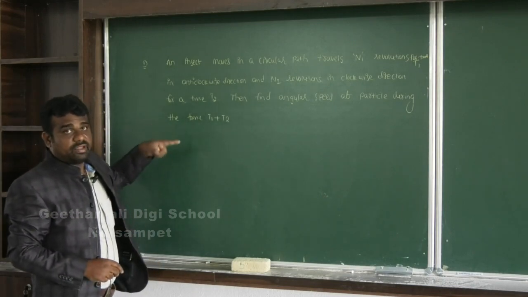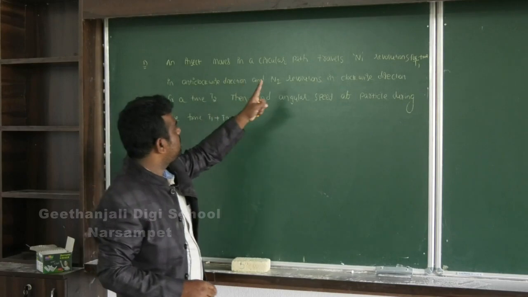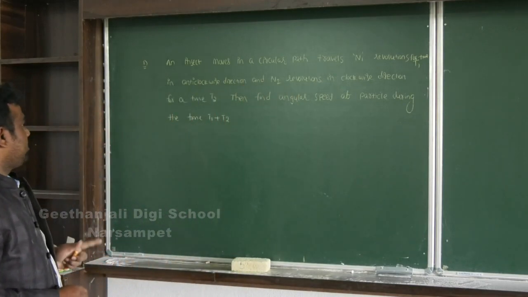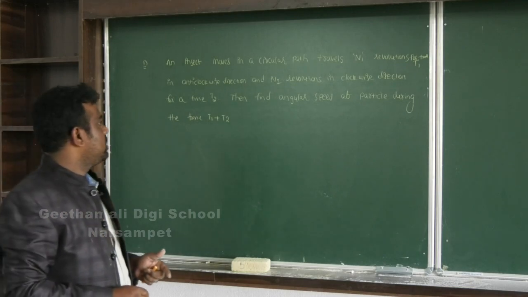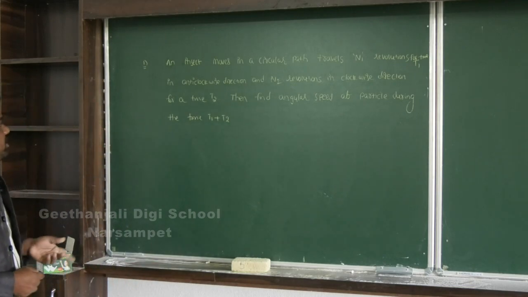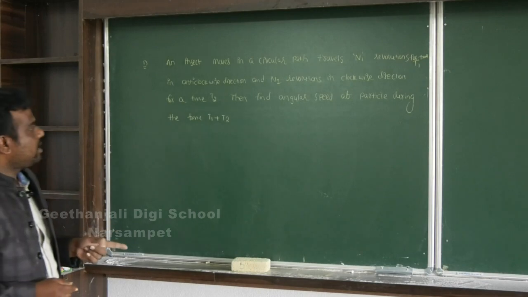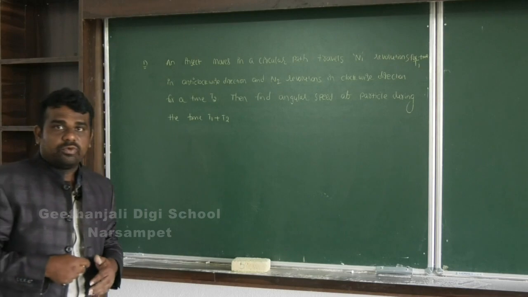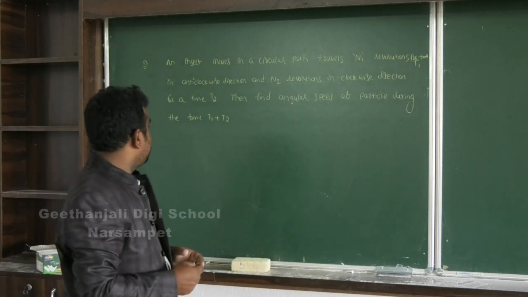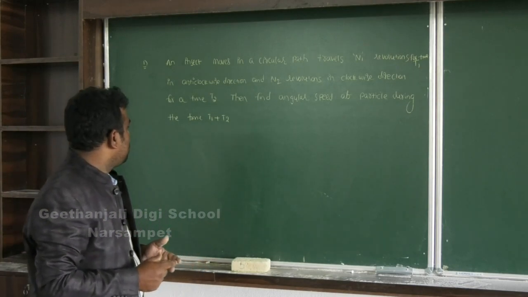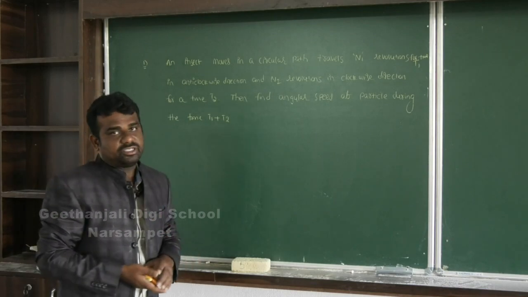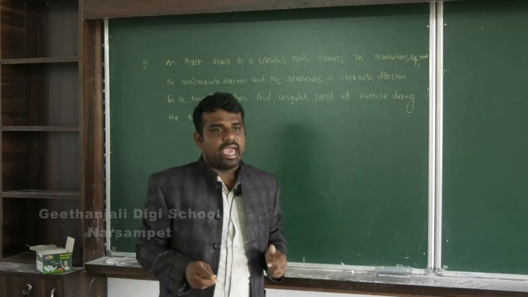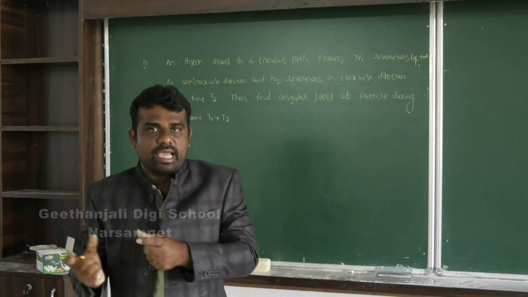What is the given problem? An insect moves in a circular path, travels n1 revolutions for time t1 in anti-clockwise direction and n2 revolutions in a clockwise direction for a time t2. Then find the angular speed of the particle during the time t1 plus t2. Means we have to find the angular speed of the particle over the time t1 plus t2. So what is the formula for angular velocity?